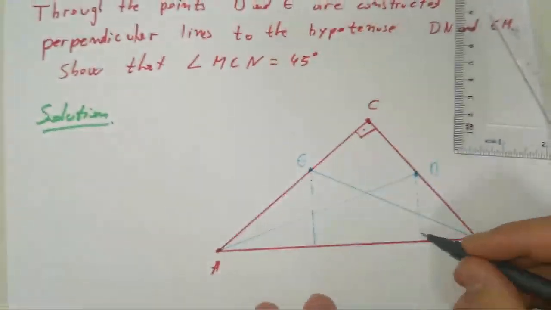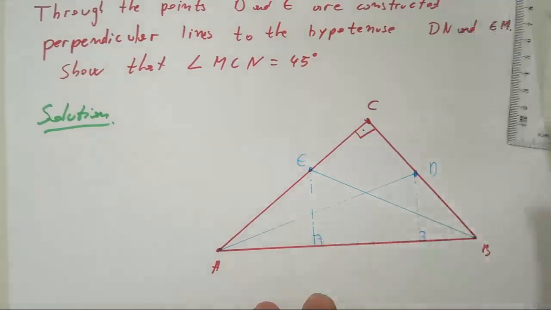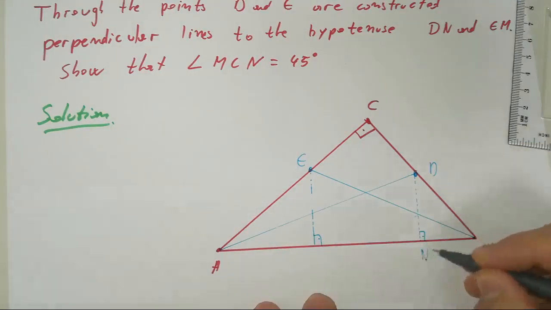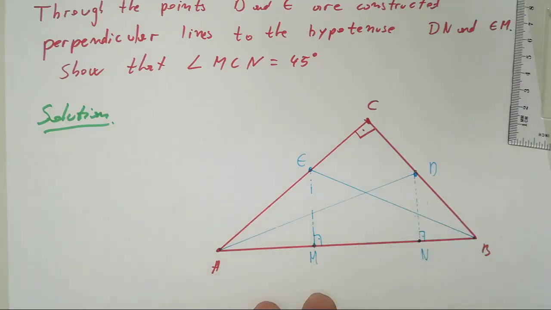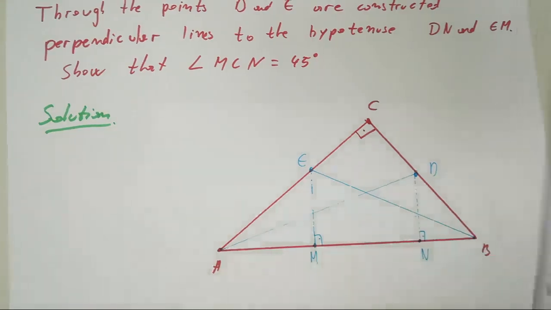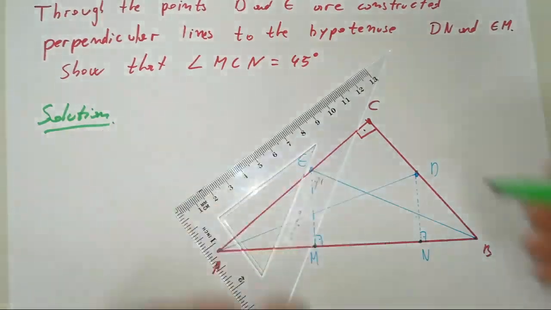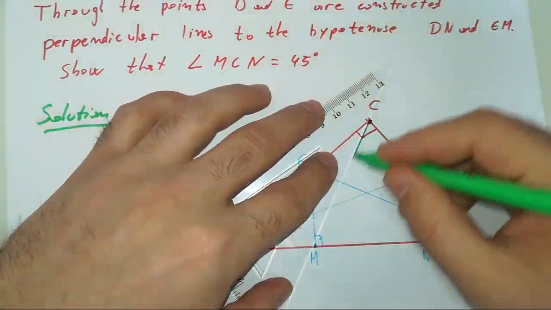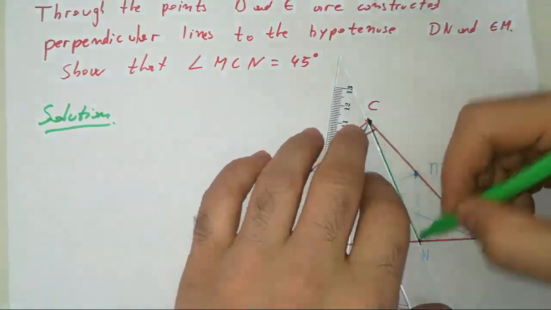So this is perpendicular and this is perpendicular. This DN, this one DM. It's asking to show that this angle is 45 degrees.